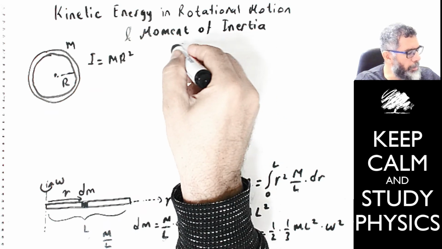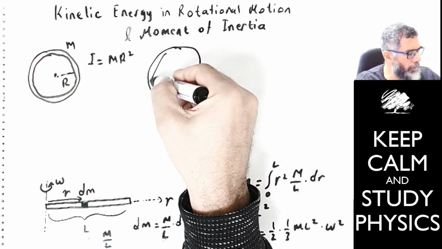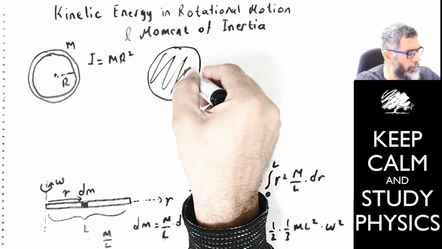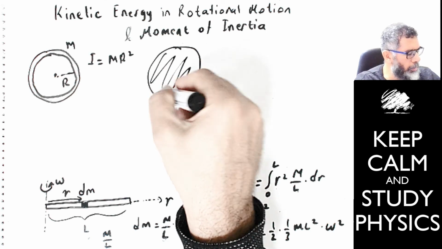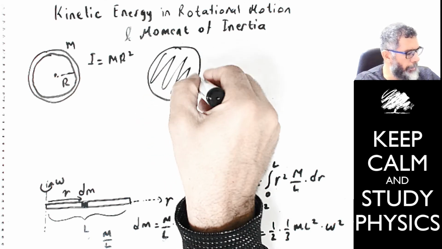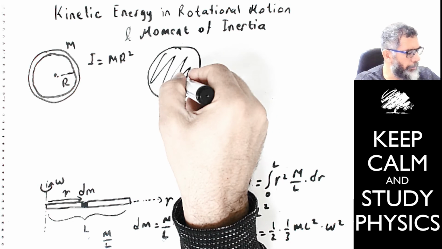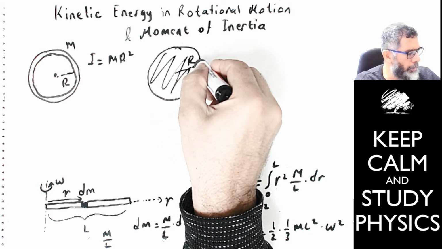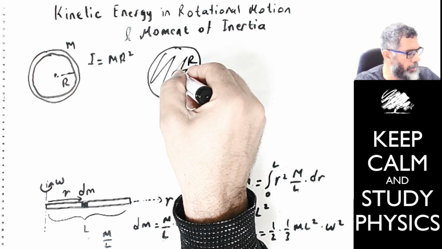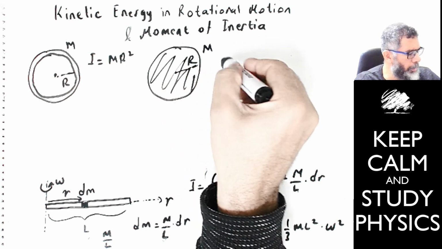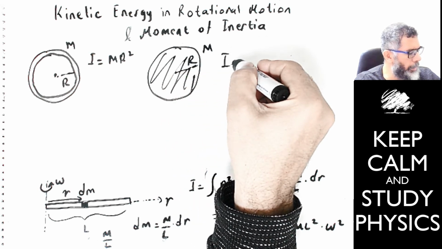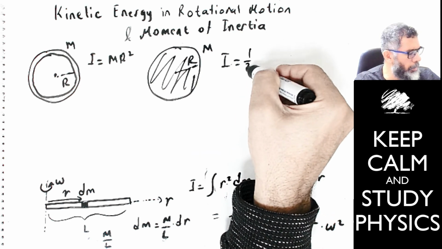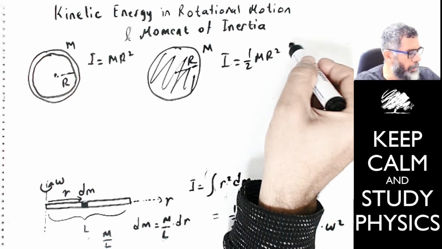Well, if it is a disk, the mass is distributed over the area of its surface. Again, suppose it has the radius r and the total mass m. In that case, the disk will have the moment of inertia 1/2 m r squared.